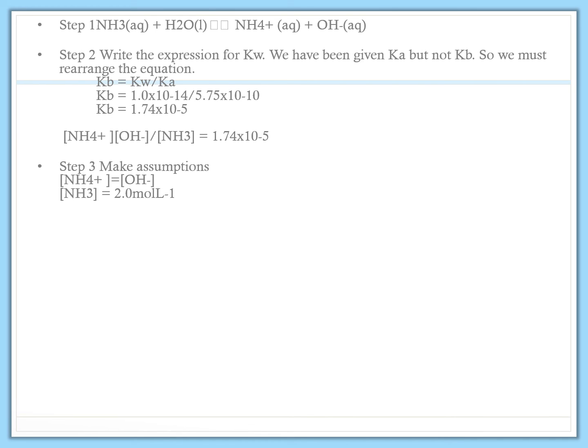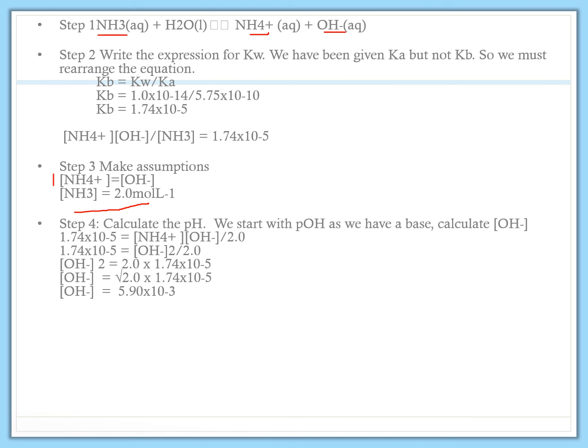And then you make your assumptions that the concentration of NH4 plus is equal to the concentration of hydroxide, because for every one NH3, when it gains a hydrogen to become NH4, the water will have lost one hydrogen, so their concentration is equal, and the concentration of NH3 is equal to what we were given. Then we calculate the pH.